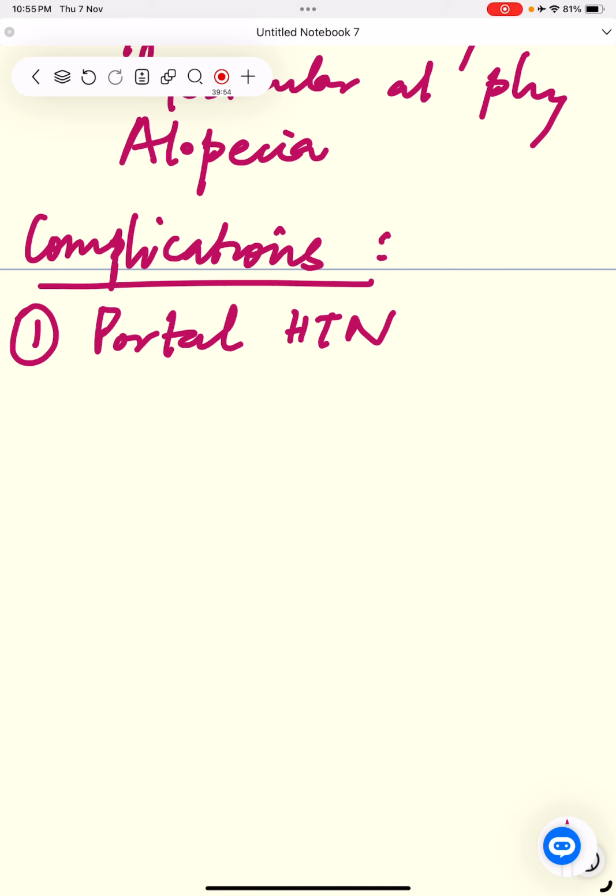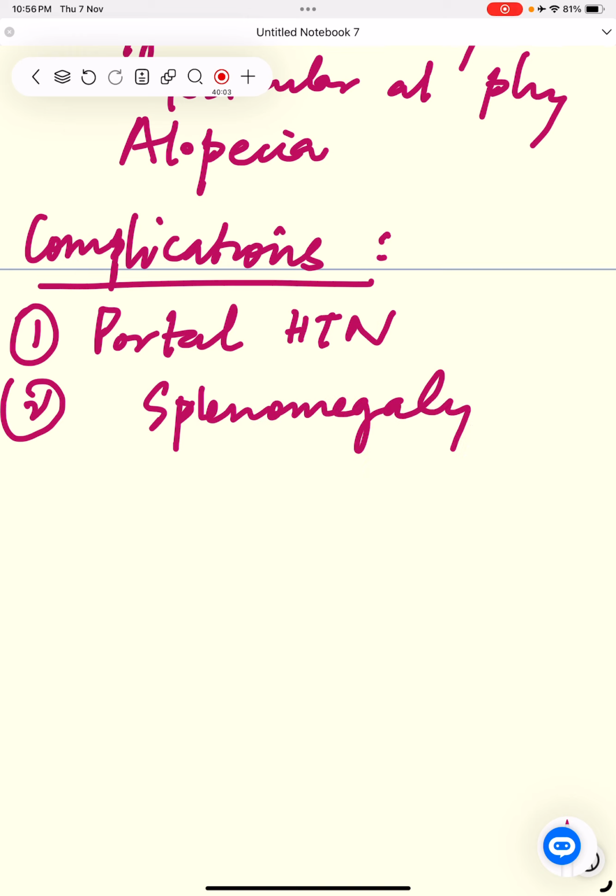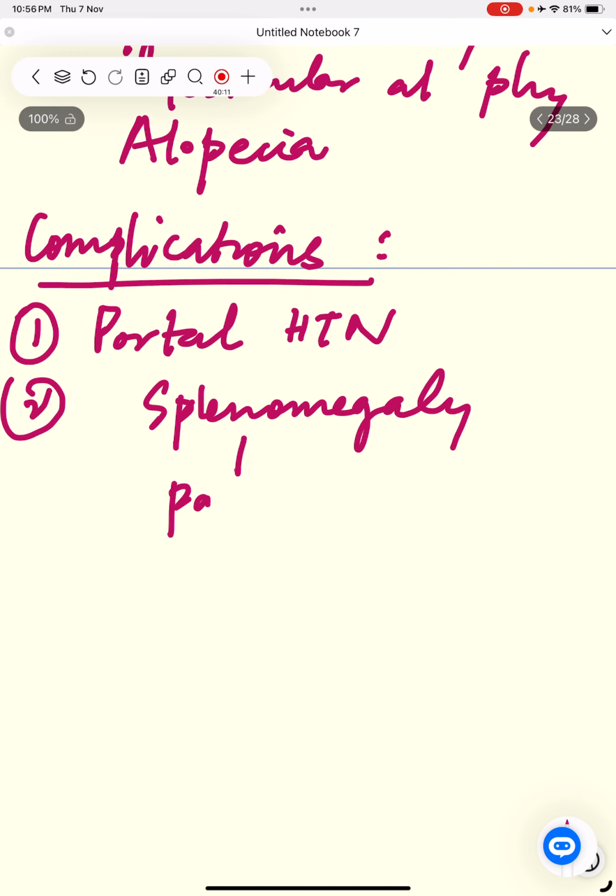So you have to take this into consideration. Of course, splenomegaly is something that can be there. Sometimes it is massive, so it can come up to the umbilicus, and hypersplenism causes pancytopenia. So the patient can be really in a drastic state.